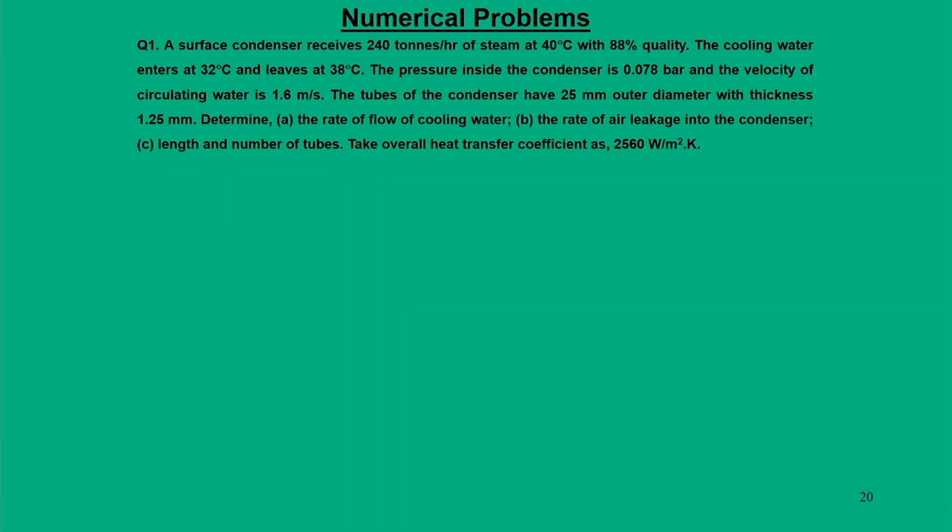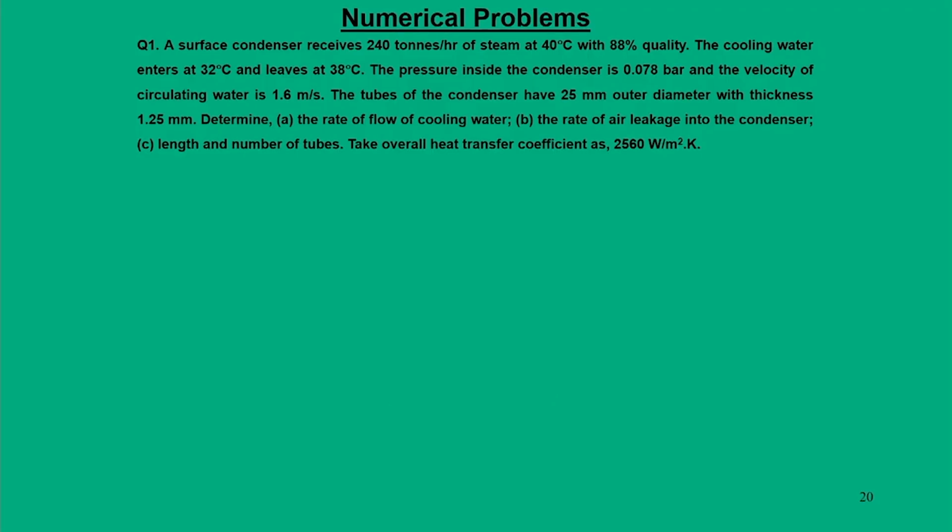So, with this we conclude, but before you close this lecture, let us try to understand some of the numerical problems which are part of this lecture. The first problem is on surface condenser design and its calculations.